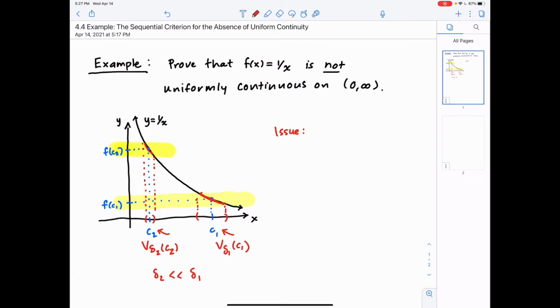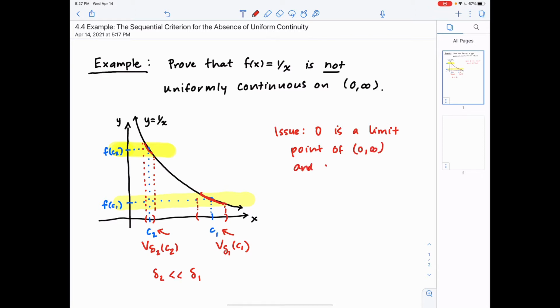And that just has to do with the fact that the rate of change of our function is approaching infinity as we go towards 0, which means that there's going to be rapid change in your function values for a very small change in inputs. And so the high level here is we're saying that the issue is that 0 is a limit point of the domain 0 to infinity that we're working over.